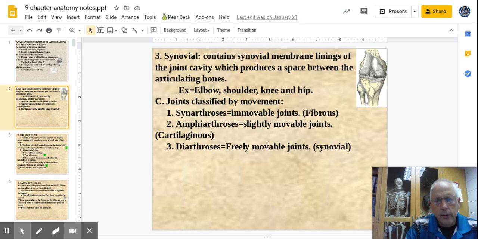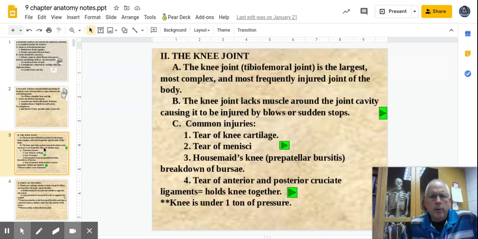And then diarthrosis is freely moving joints like your elbow, shoulder, knee, and those types of things. So those are pretty common classifications of joints, pretty basic stuff. Some crazy naming. We know how that works in anatomy, but that's pretty much what you're going to find in the joint world.